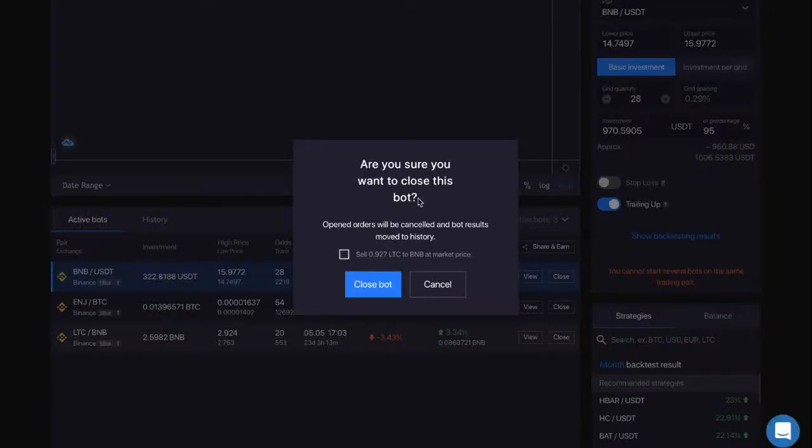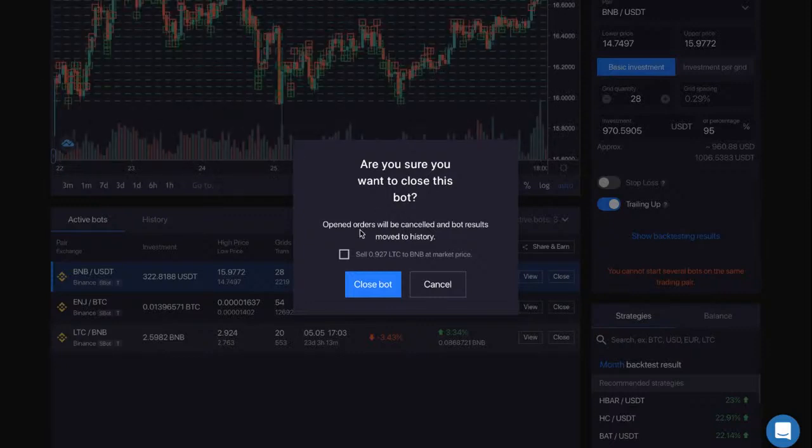Here, when it comes to real account trading, there is an option to sell my leftover LTC, my base currency, to BNB at market price automatically. When I click on this box, as soon as I click on close the bot, it will sell everything automatically to the quote currency, in this case BNB.